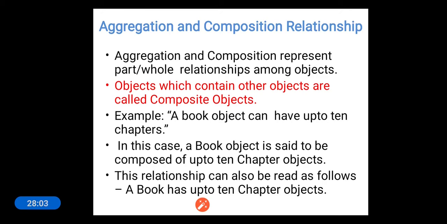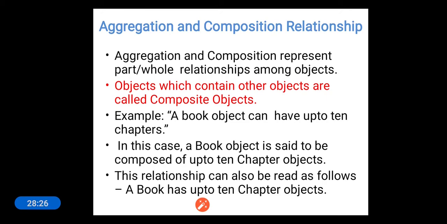For example, a book object can have up to 10 chapters. So here what is the composite object? In this case the book object is said to be composed of up to 10 chapter objects. That means a book is a composite object. Why? Because it is a composition of other objects.